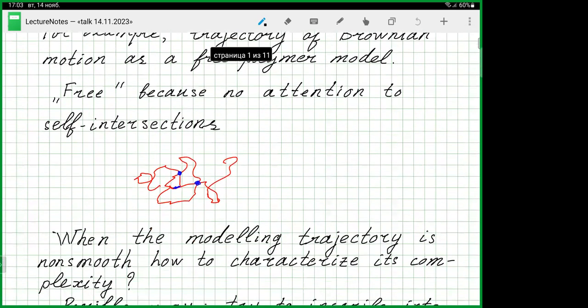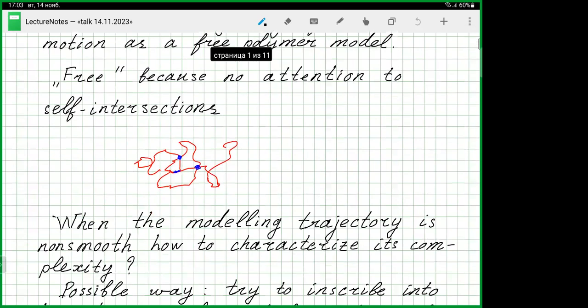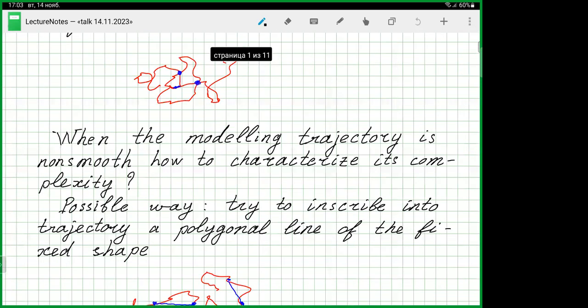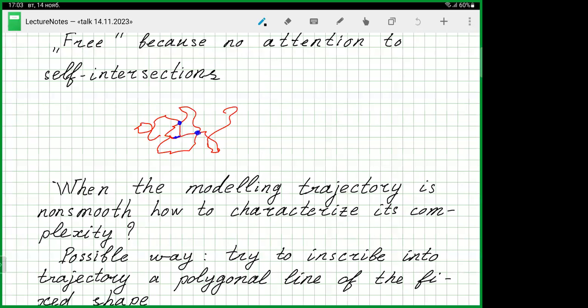So the question naturally arises: when the modeling trajectory is non-smooth, how do we characterize its complexity? For example, even if we allow self-intersection, we cannot use the usual tools from topology based on polynomials and so on, because such intersections we will have a lot, a continuum set.